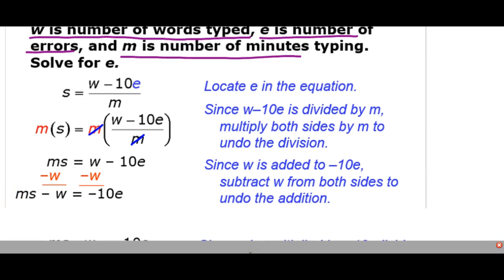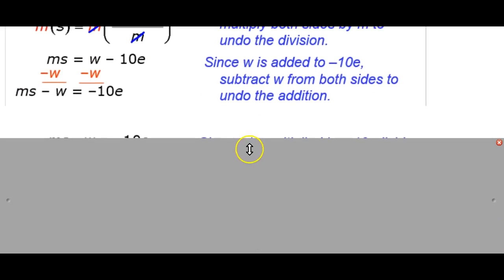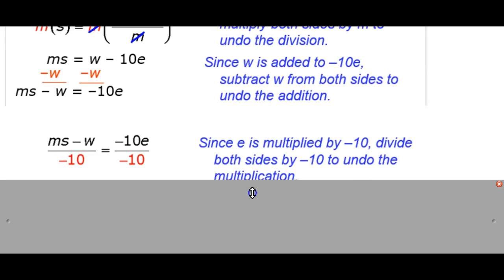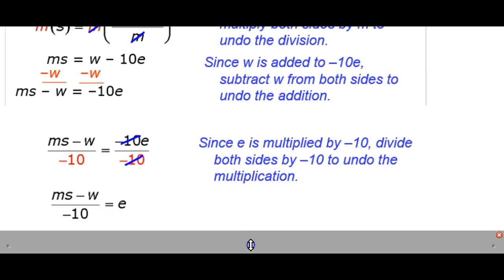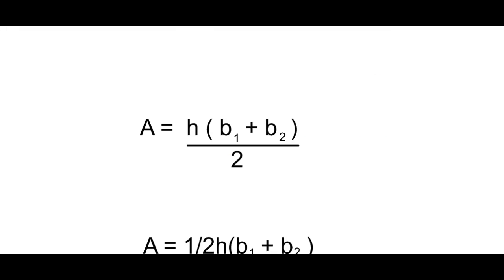Then I'm going to divide both sides by negative 10 to get rid of this. These cancel out. And again, I can't divide negative 10 into these because I don't know what their value is, but I have a new equation now. And in this one, the E is by itself. So this equation is solved for E.